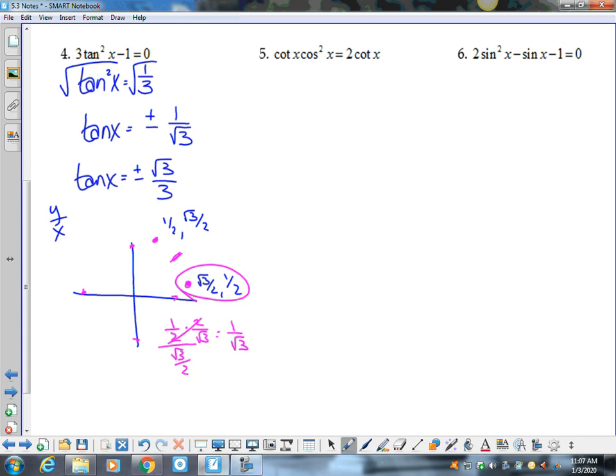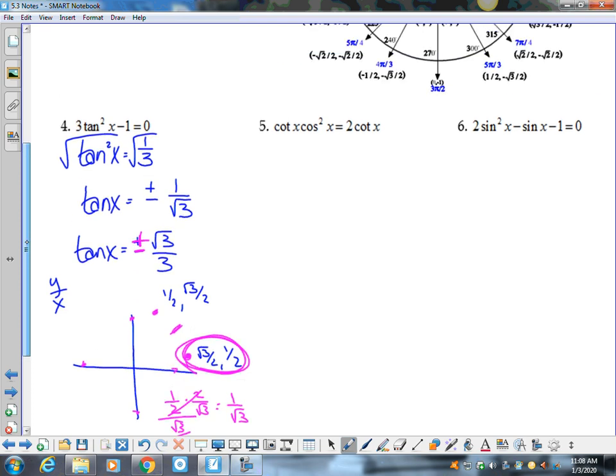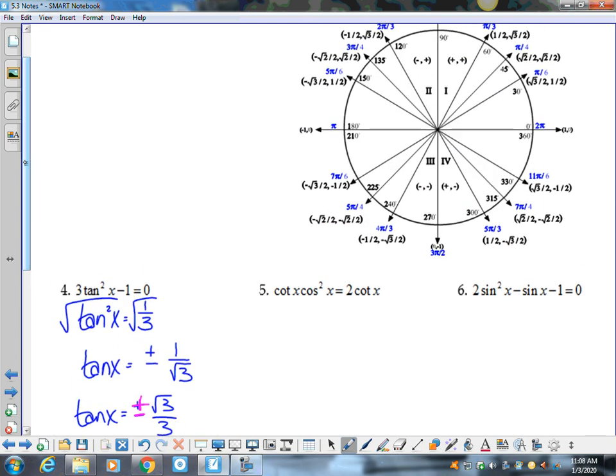Okay, now I want all the positive and the negative versions of root 3 over 3, which means these pair of coordinates can either have the same sign and give me the positive, or they can have opposite signs and give me the negative, which means I want all 4 of them. So I want that guy and that guy.